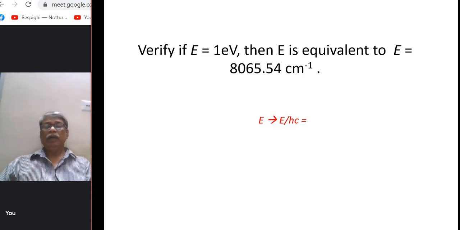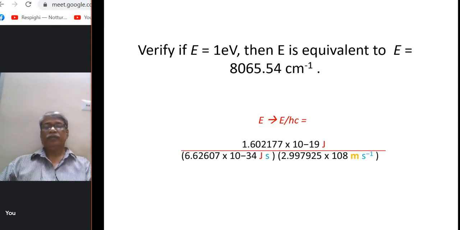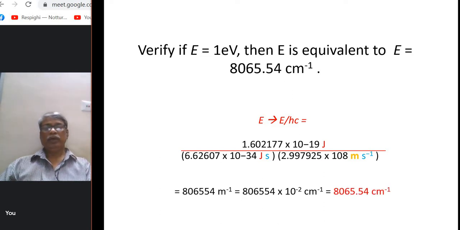So here we divide E by hc, and you follow the unit electron volt. So joule is numerator, h is in joule second, and c is meter per second. So joule and joule cancel out, second inverse cancels out. So it gives you simply meter inverse, and then you can convert it to centimeter inverse, and you can verify by calculator. The answer is exactly 8065.54 centimeter inverse.